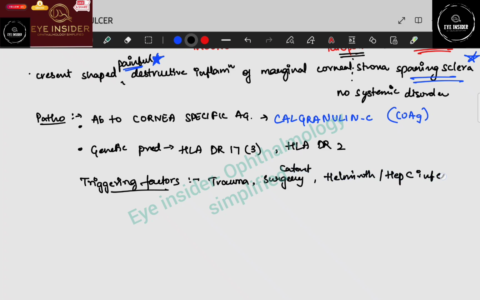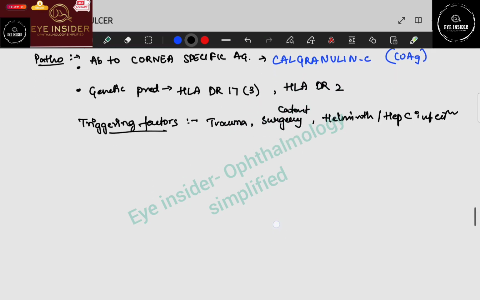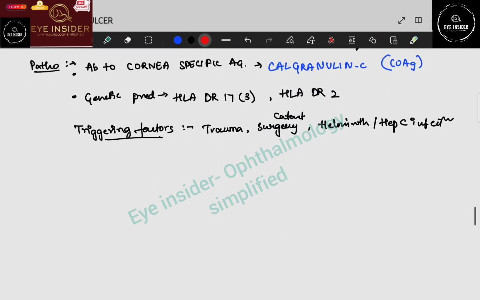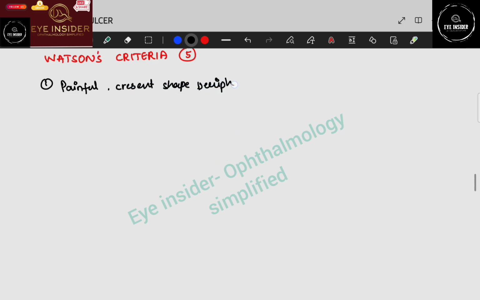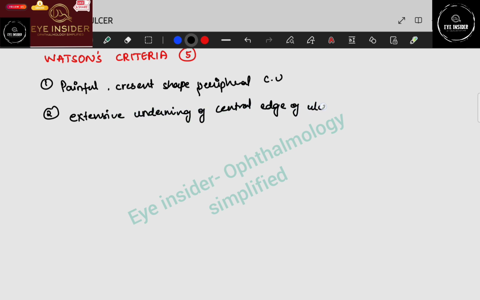Now coming to the Watson criteria, there are 5 things in the criteria. The first one is that to diagnose it as a Mooren's ulcer, it should be a painful crescent-shaped peripheral ulcer, and there should be extensive undermining of the central edge of the ulcer. Along with that, there should be dense corneal infiltrates at the leading edge.